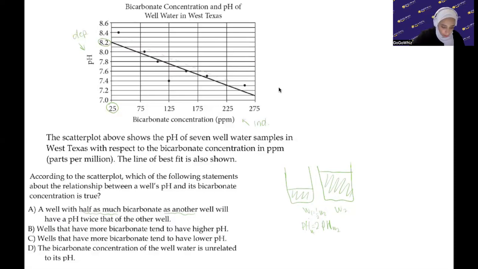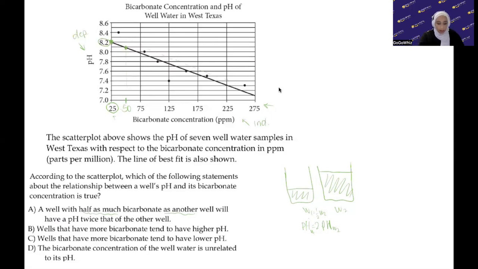Looking at my x values for the bicarbonate concentration, it goes 25 and then 50, so basically double. So I'm going to stop at 50. If this is the bicarbonate concentration of 25, that is half of 50, correct? So I'm going to go up to compare the pH levels at these two concentrations.